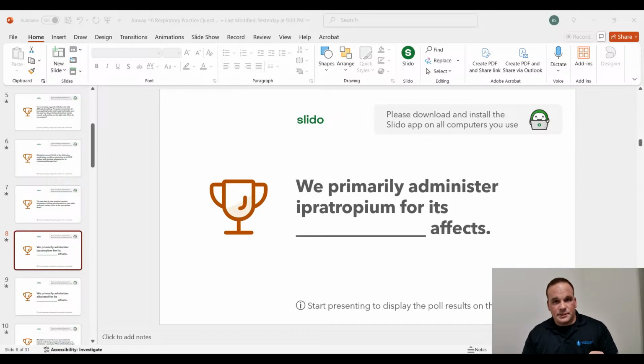Those beta-2 receptor sites cause bronchodilation. Okay, so that is why we give albuterol to our patients with difficulty breathing, whether it's our asthma patients or COPD patients, which is emphysema, chronic bronchitis, because we need to help open up their airways, their bronchi, their bronchioles for better volume in and out and for better gas exchange ultimately. So yes, albuterol is a beta-2 agonist. Very good job.